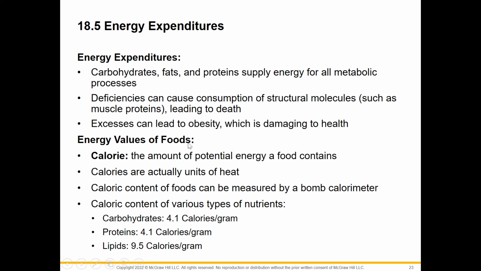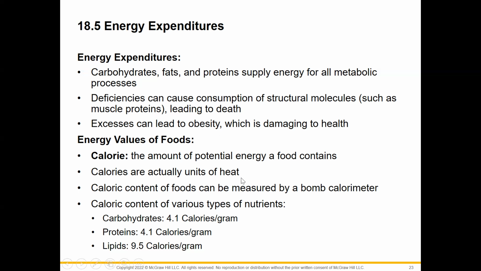Energy values of the food. Calories are used to measure how much potential energy is in a certain food. So when we look at the calorie content of food, we're talking about how much energy our body can extract from a certain amount of that food. Calories are also used to measure heat.